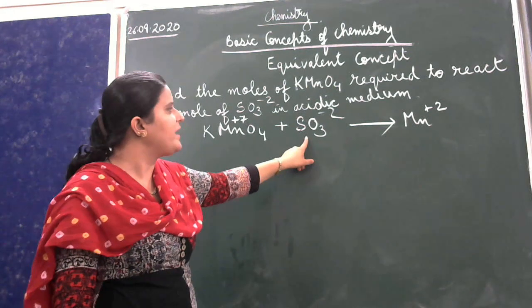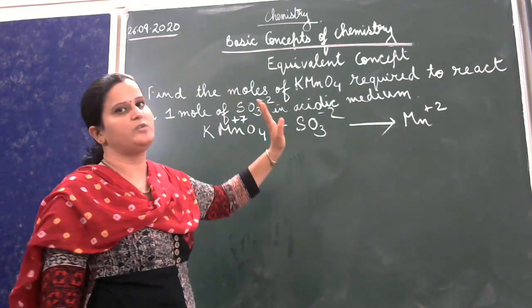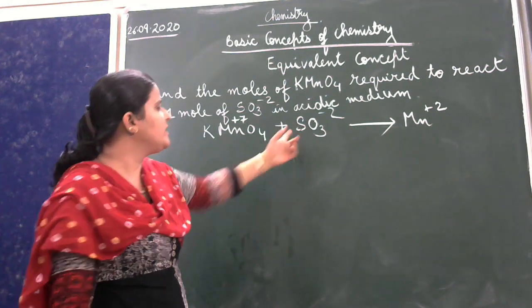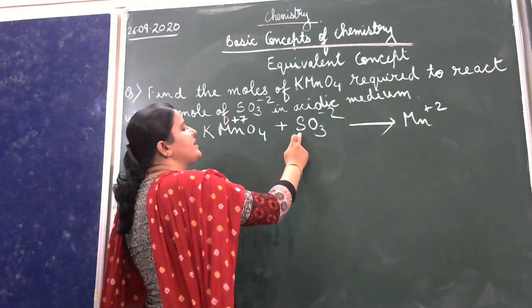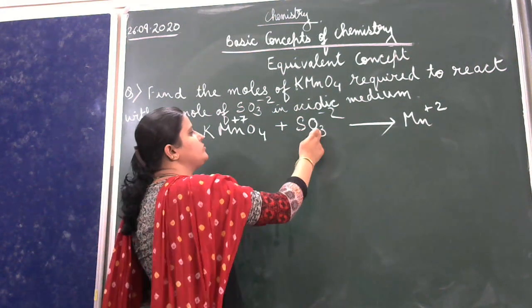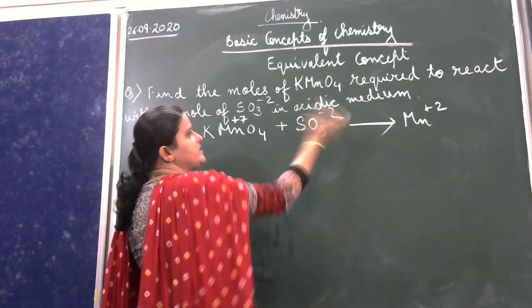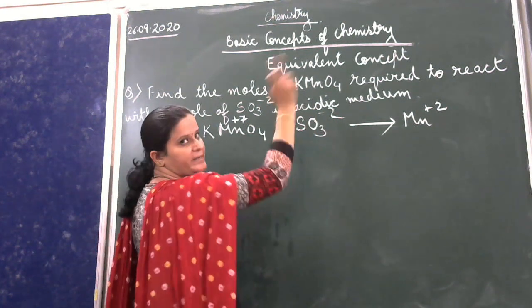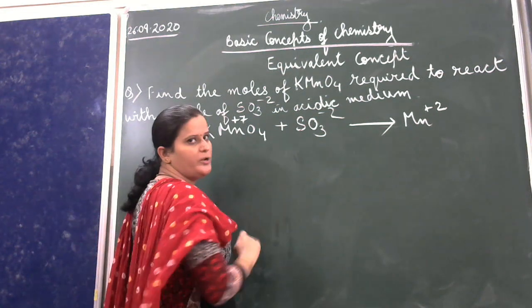Now in sulfite, oxygen's oxidation state is -2. What is the oxidation state of sulfur? Oxygen is -2 into 3, that is -6, and the total charge will be equal to the charge on the ion, which is -2, not 0, as this is not a neutral compound.